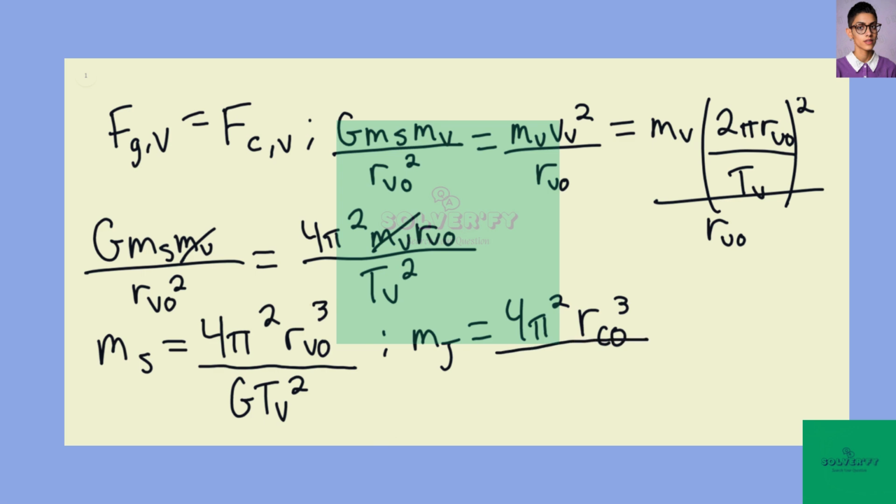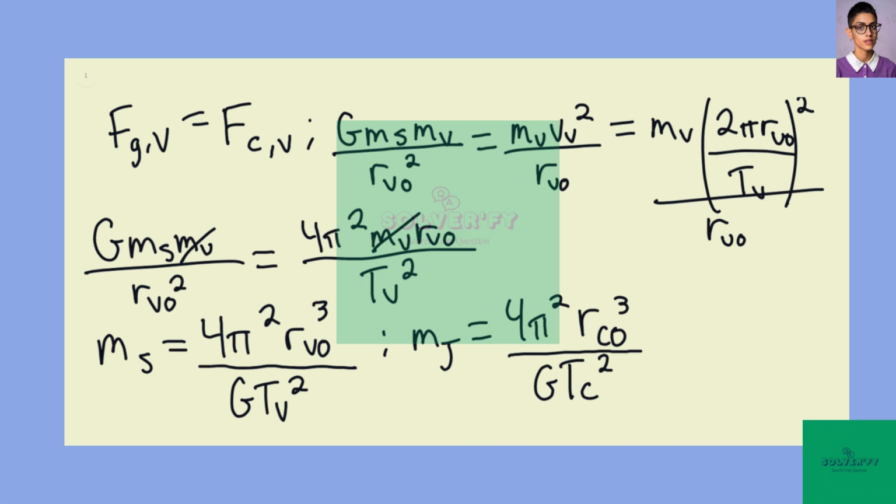Divided by the gravitational constant times the period of Callisto squared. So Callisto is simply one of Jupiter's moons. So knowing the radius of Callisto's orbit and knowing the period of Callisto, we can find the mass of Jupiter just like we found the mass of the Sun using information from Venus.